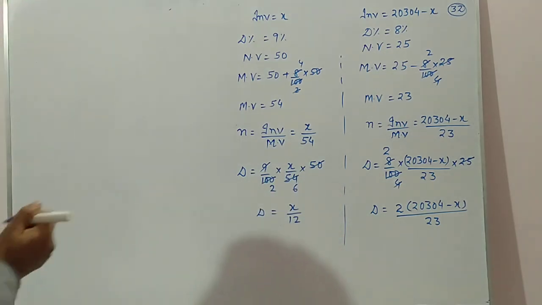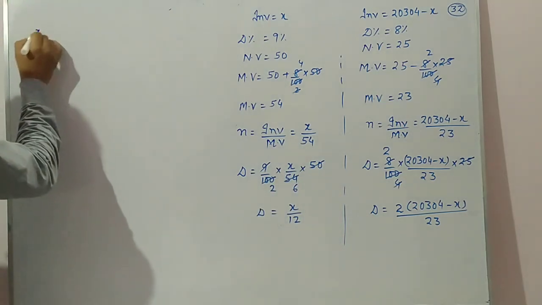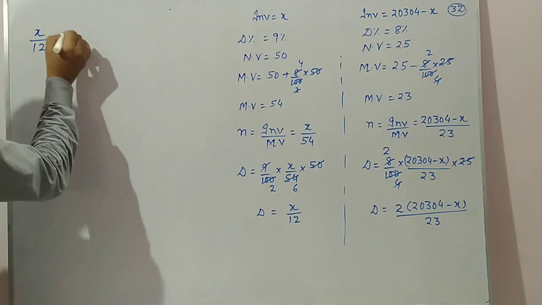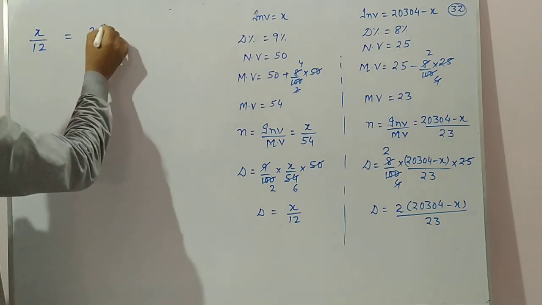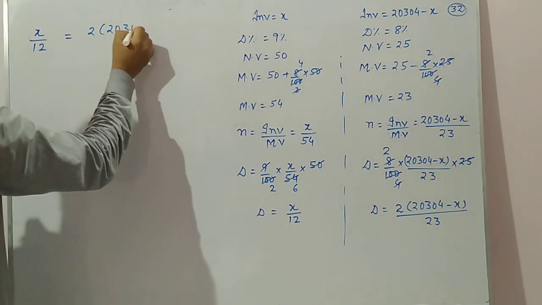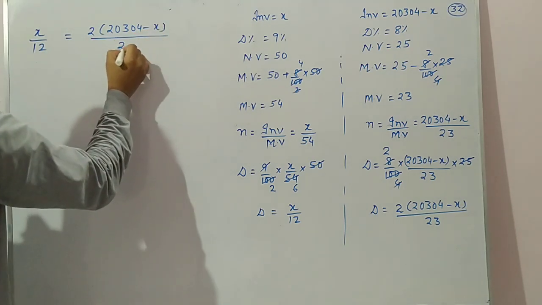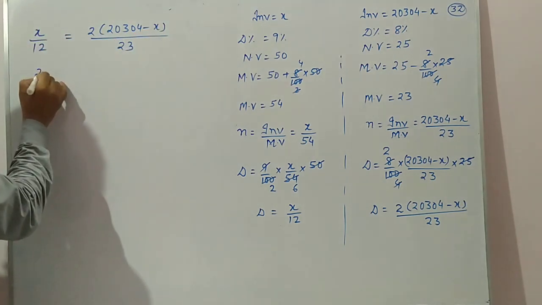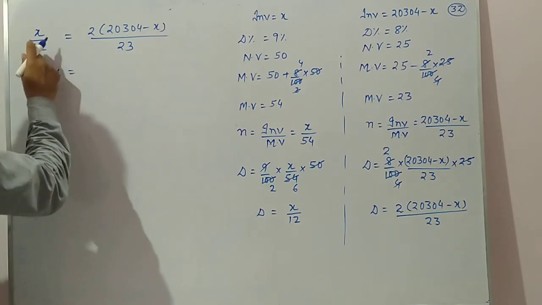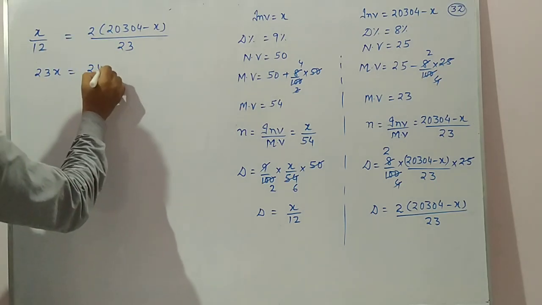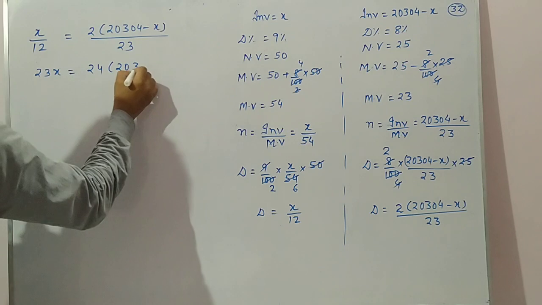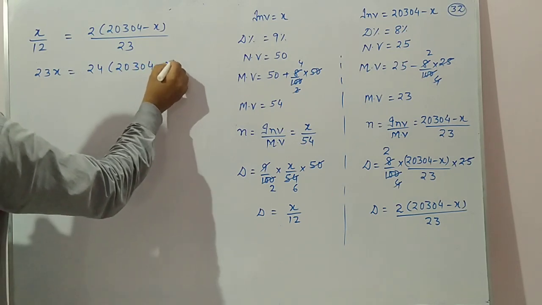So we will equate x by 12 equal to 2 into 20,304 minus x by 23. Just multiply here. 23x equal to 12 into 2, 24 into 20,304 minus x.